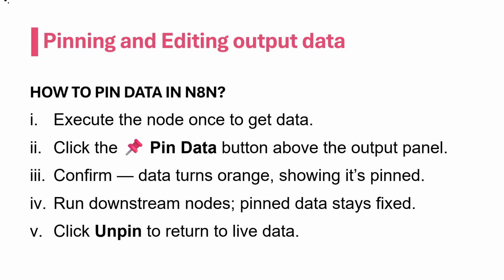To go back to the live data, if we don't want to pin that particular section of the workflow anymore, we can simply unpin the data and then rerun the whole workflow. This gives you complete control during workflow building and testing.